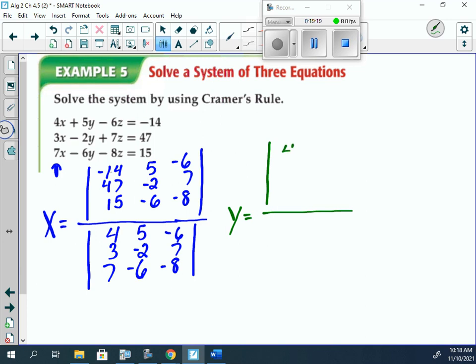We'll do the same for y, except on top, we're replacing all the y values with what each one of the equations is equal to.